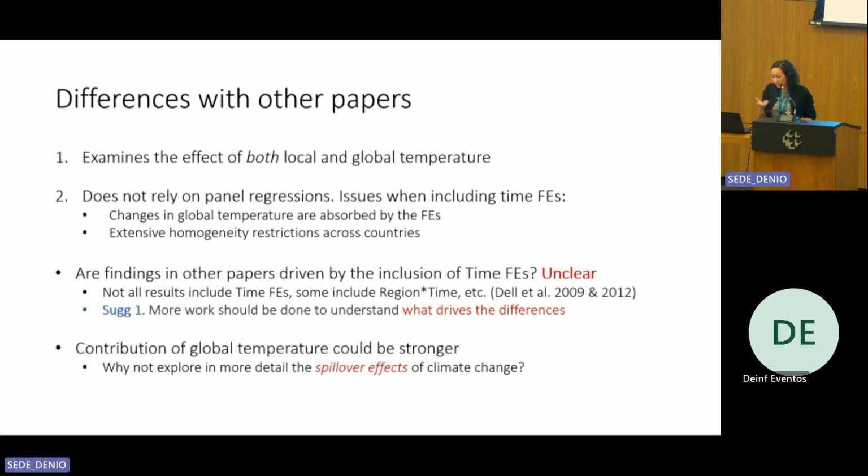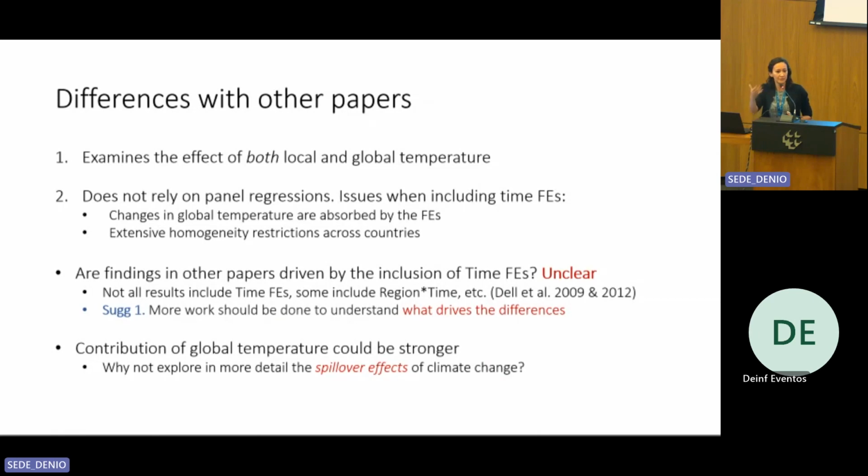So for instance, why not explore in more detail the spillover effects of climate change? It's really interesting in the figures that Chad showed, that you see, for instance, Brazil having a positive effect on the idiosyncratic temperature, but a negative effect on the global temperature. In the paper, you very quickly just say, well, this might be because of spillovers, no?